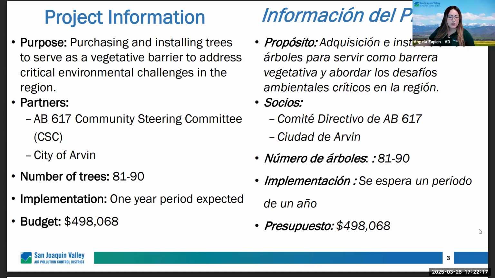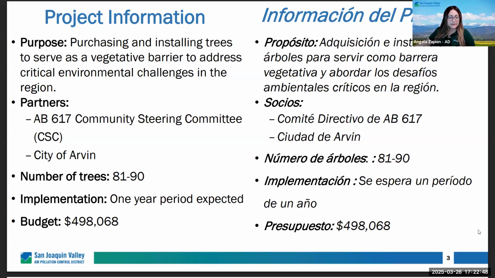Some project information. The purpose of this project is purchasing and installing trees, which are going to serve as a vegetated barrier, which will address critical environmental challenges in the region. Partners that HIFI has are the AB 617 Community Steering Committee, known as the CSC, and City of Arvin, to name a few.